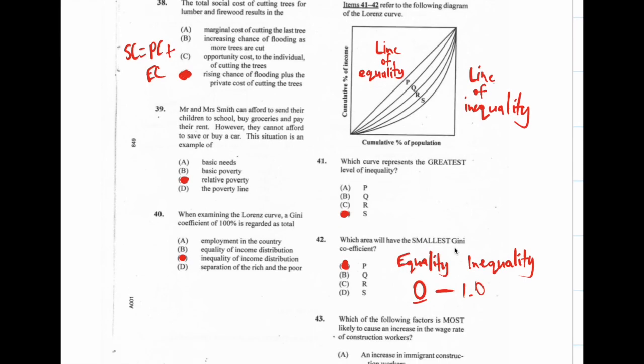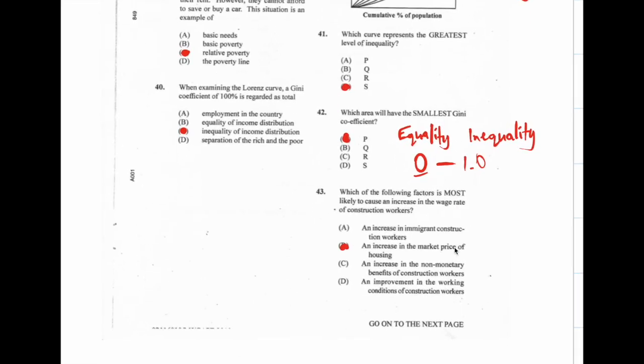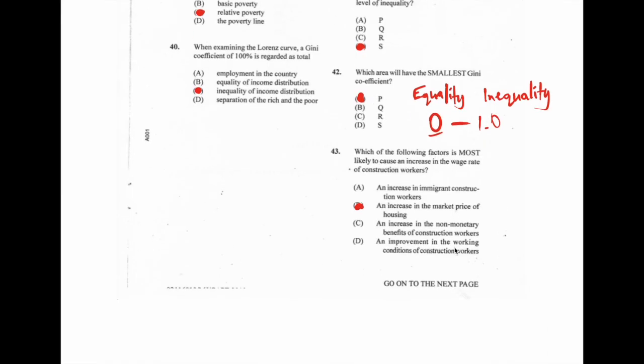So A. Which of the following factors is most likely to cause the increase in the wage rate of construction workers? The answer is B, because this would cause the workers to demand more income, because the same income is needed to purchase the housing.